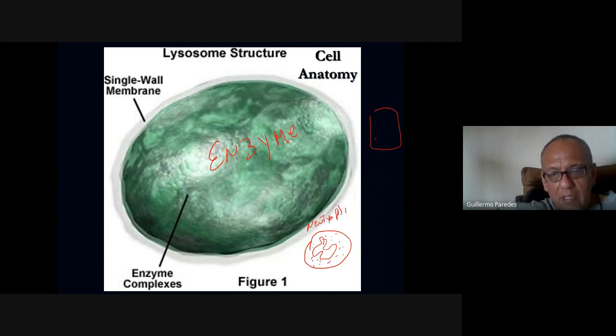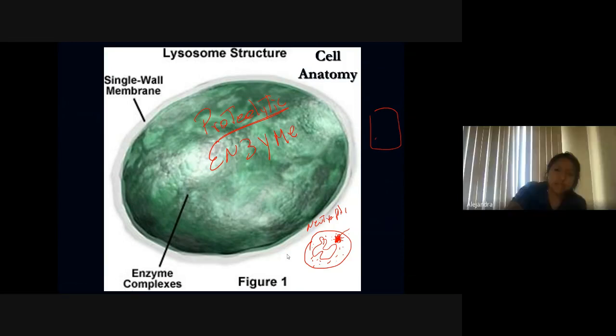When the neutrophil eats a bacteria, the bacteria gets into the cytoplasm of the cell, and the lysosomes come and destroy the bacteria. Those are what we call proteolytic enzymes. Proteolytic means that they destroy the proteins of the cell membrane of the bacteria, producing the destruction of the bacteria itself.